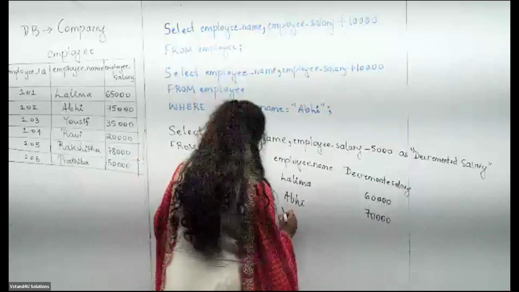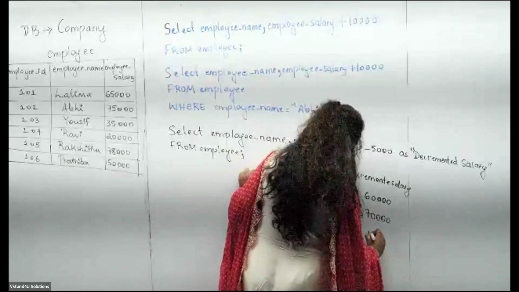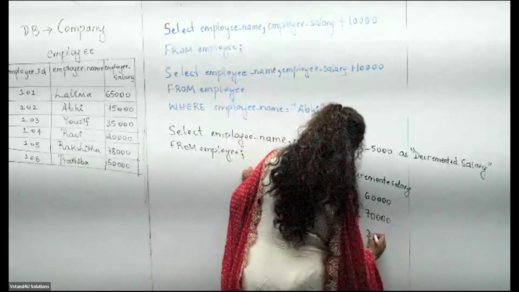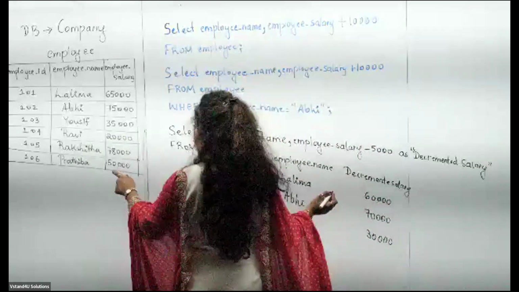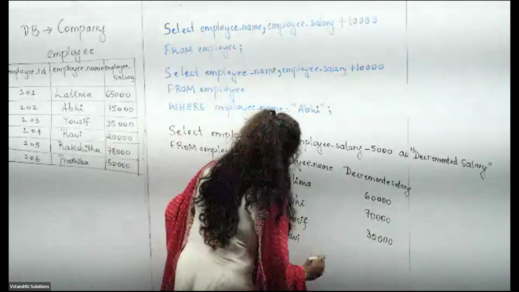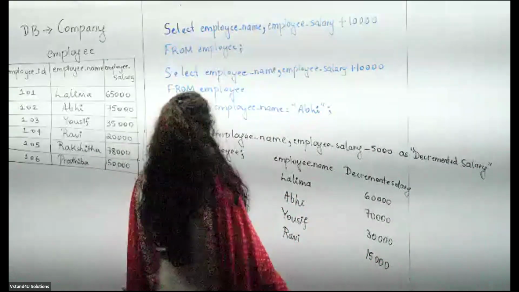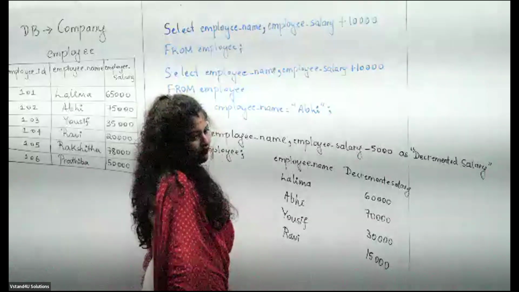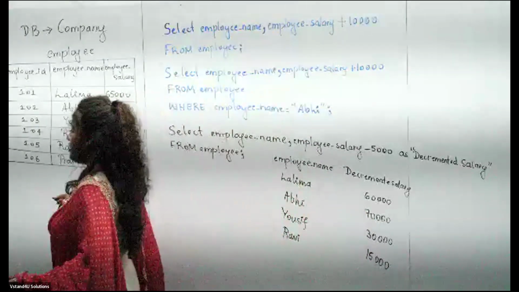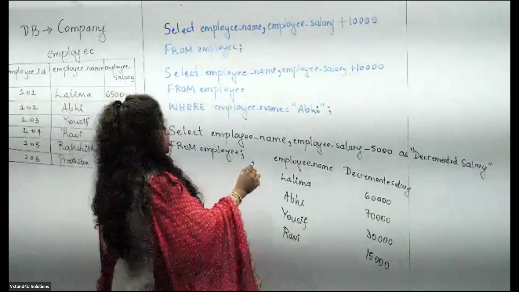Again, Yusuf, it is 30,000. Next one, if you minus 5,000 from 20,000, you will get 15,000. And Rakshita, 78,000 minus 5,000, you will get 73,000. Pratibha will get 45,000. Clear? This is the output which you will get.